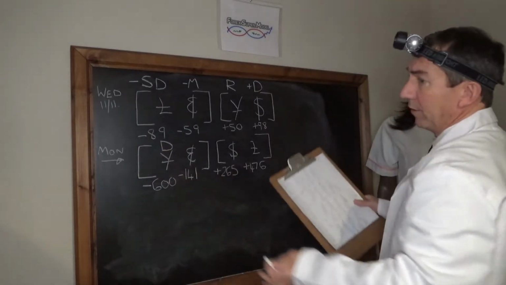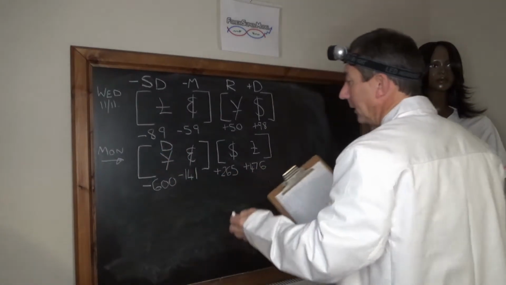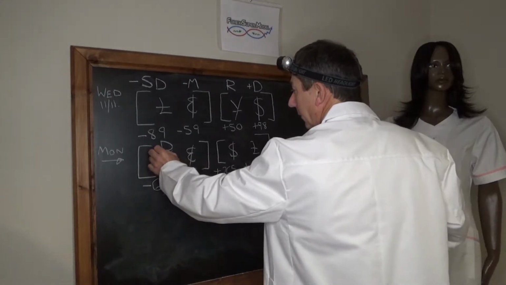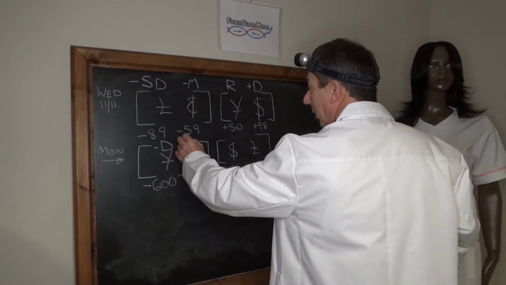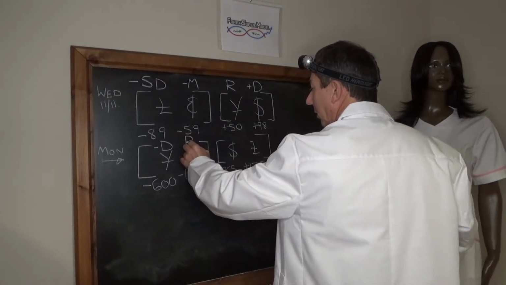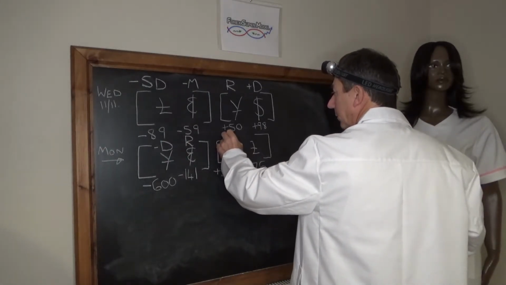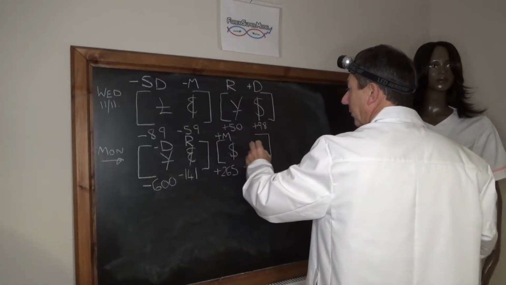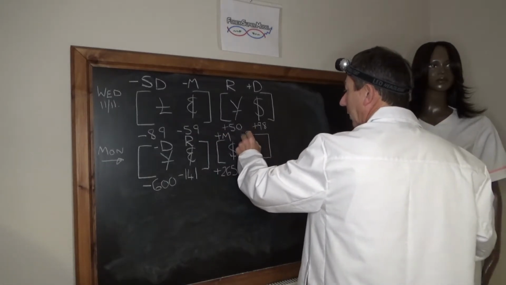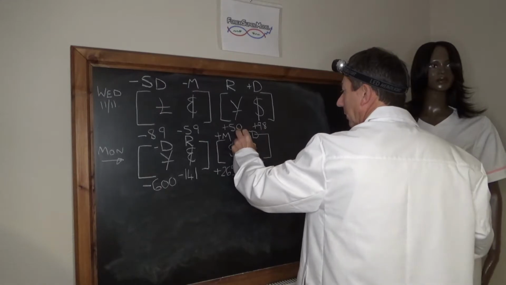So this week we've had a negative opposed driver in the yen, and we've got a negative rock in the euro, we've got a positive mover in the dollar, and we've got a positive secondary driver in the pound.